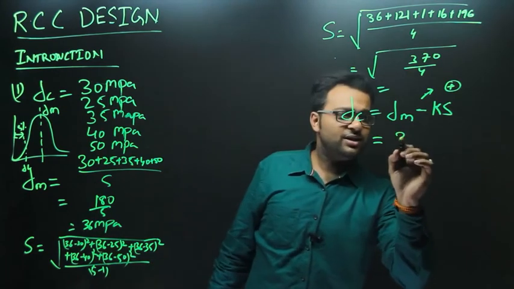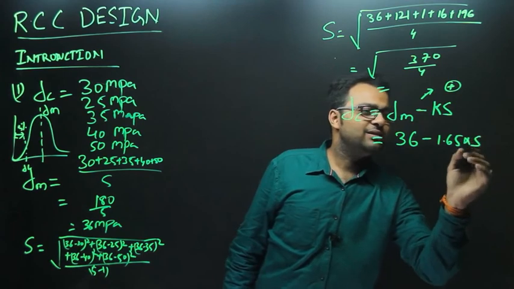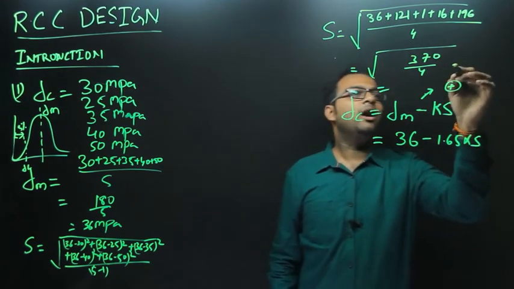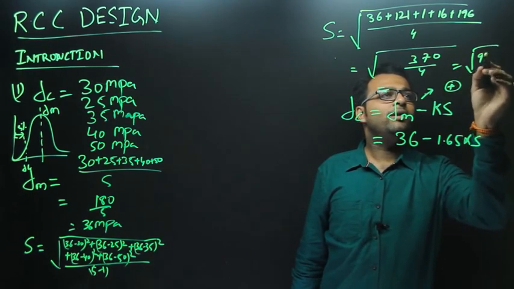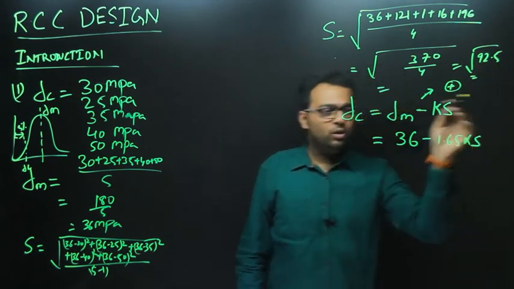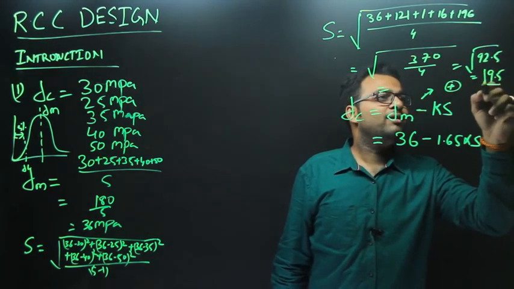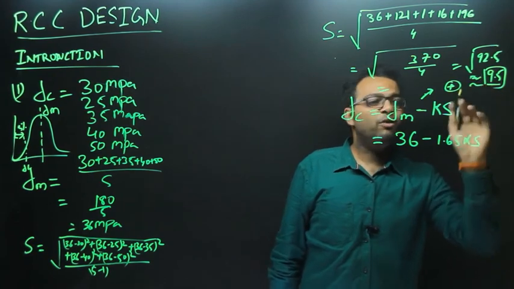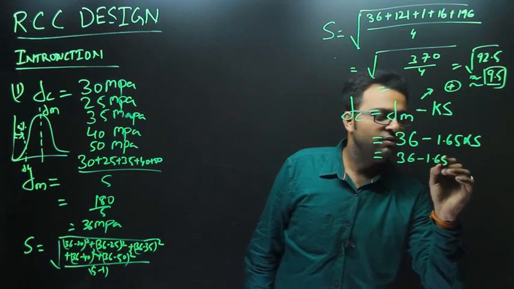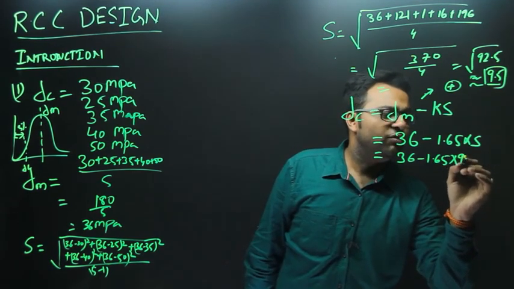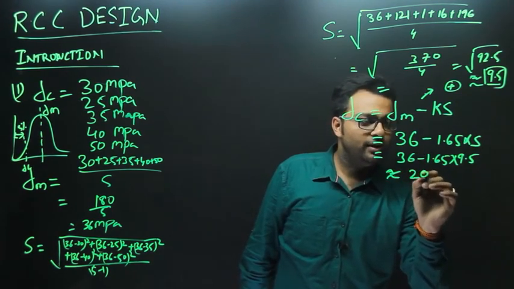So this will be 36 minus 1.65 times S. Let me see how this value comes out. This is somewhere around 92.5, so S will be somewhere around 9.5. More or less, let us consider it to be 9.5. So this is 36 minus 1.65 into 9.5, which is approximately 20.